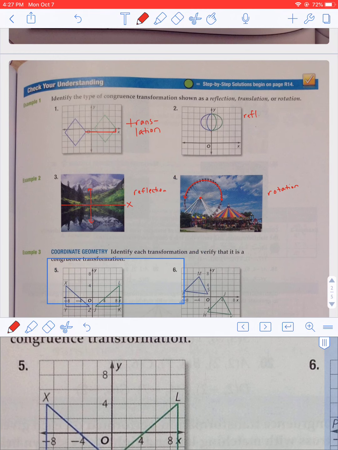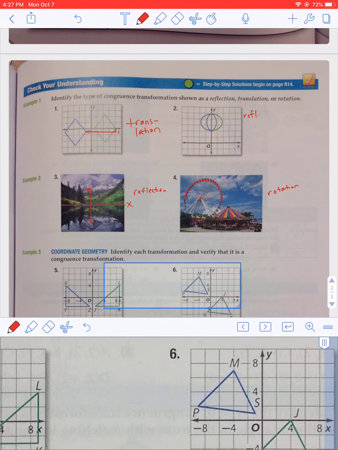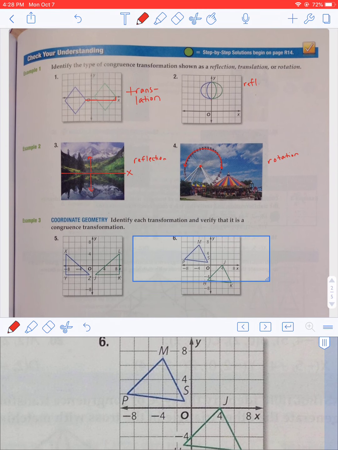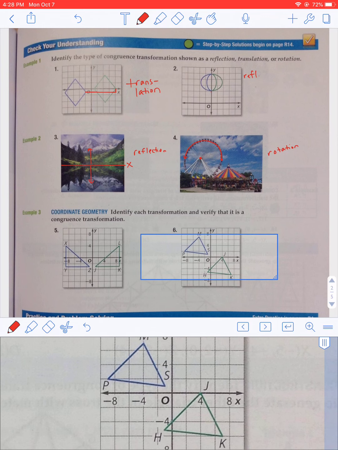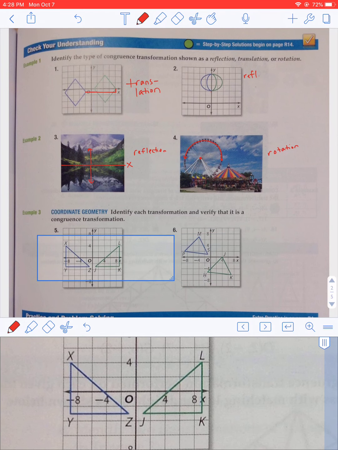All right, let's move on over to 6, because I'm going to let you do 5 on your own, because 5's easier. The reason it's easier is because I'm going to give you a little hint so that it will be easier for you. You can actually count how long XY is by just counting, because it's perfectly vertical. And then the counting will give you that length. You won't have to use distance formula.